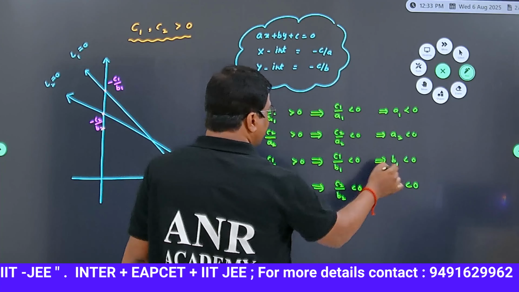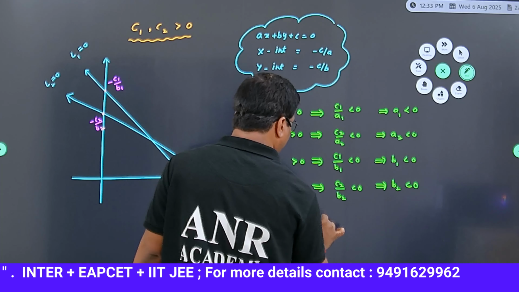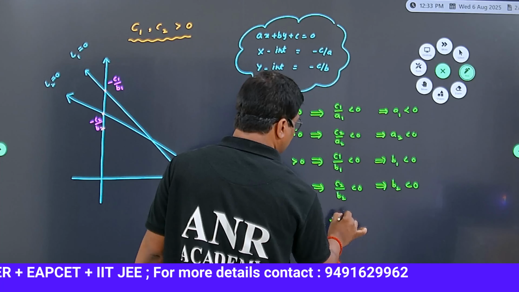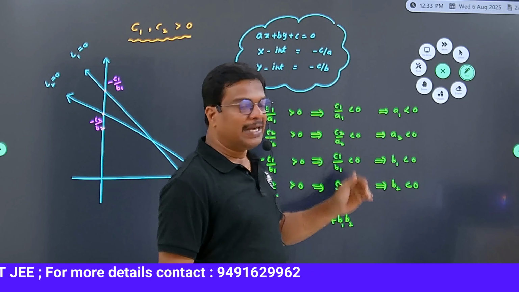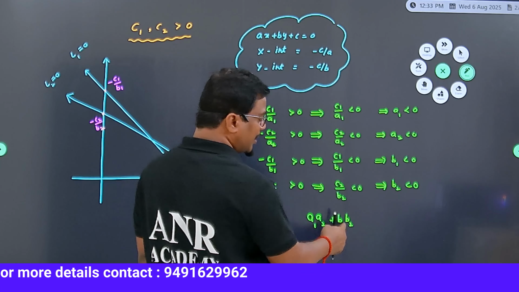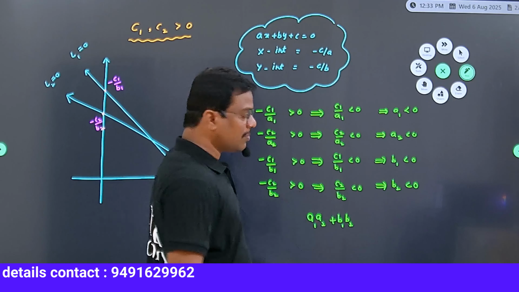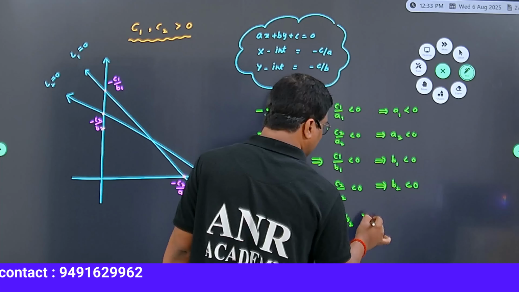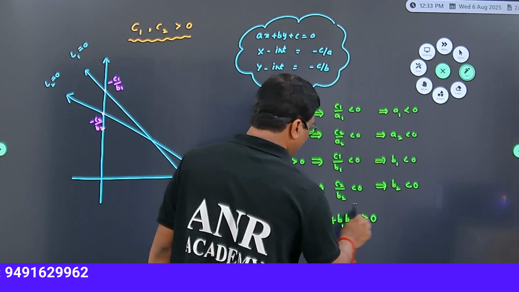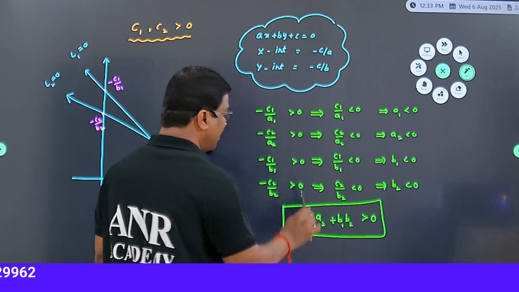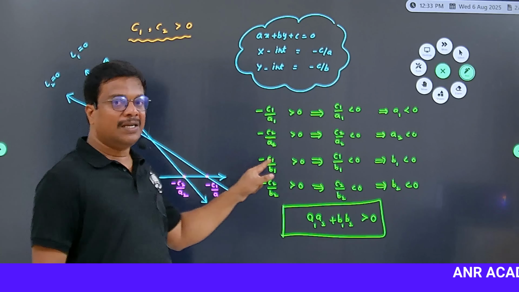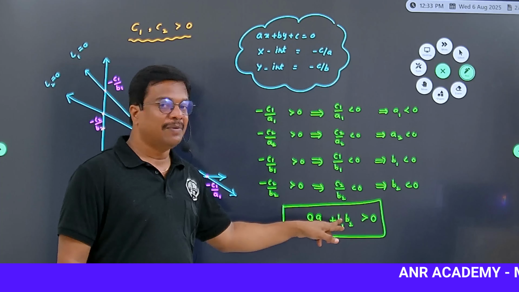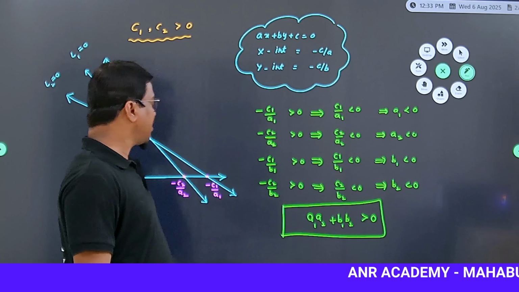And from these four I can write A1 A2 plus B1 B2. In this case all of them are negative, and negative into negative is positive. Again here negative into negative is positive. So A1 A2 plus B1 B2 becomes positive in this case. Yes, C1 C2 positive, and A1 A2 plus B1 B2 also positive in this case.